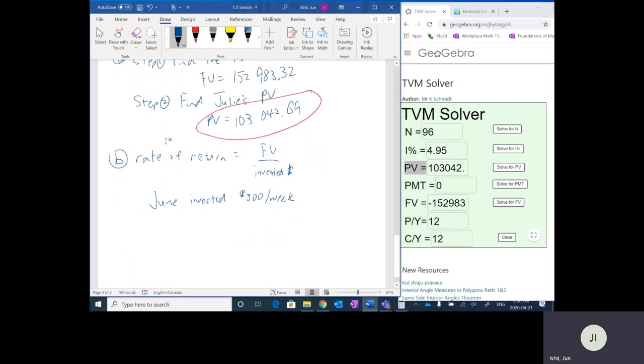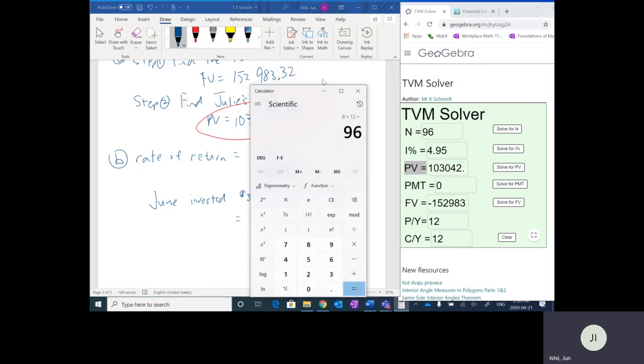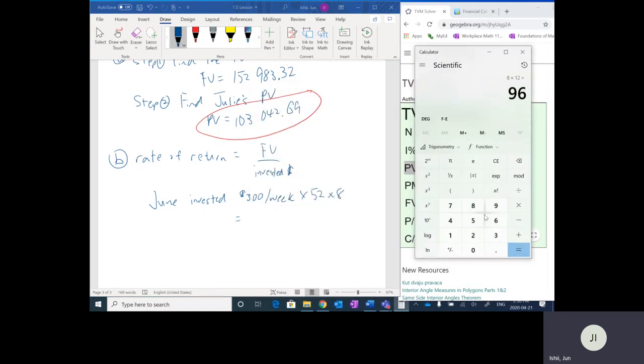So I'm going to multiply that by 52, multiply that by 8. Let's see what that number is. 300 times 52 times 8. So she ends up putting in 124,800.